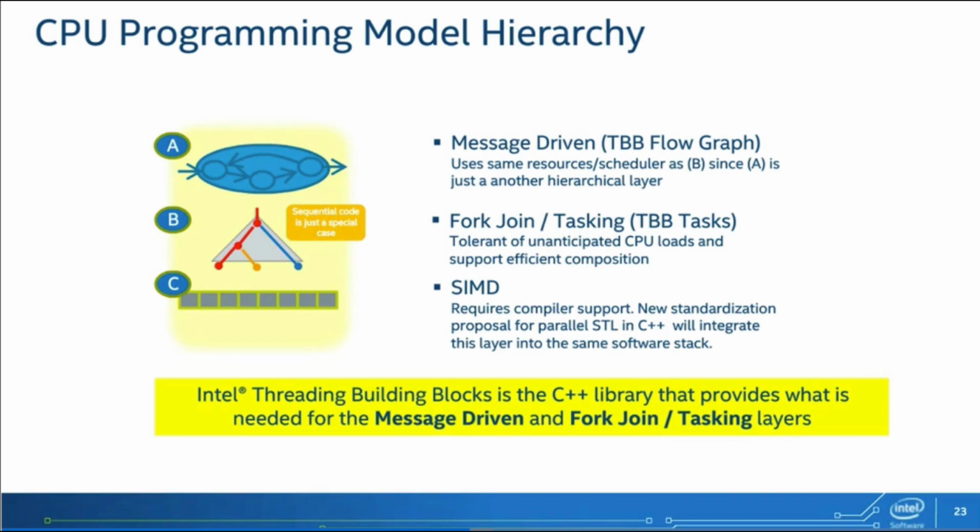So our way of setting this up is that it's tolerant of unanticipated CPU loads, and from there you have your threading covered. You can use the Intel compiler, your own compiler, or libraries at the third level to get the SIMD optimizations, the parallelism inside each individual core.